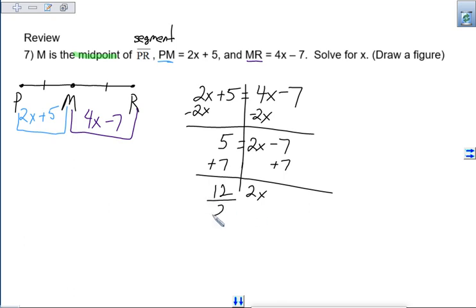Divide by 2 on both sides. So x equals 6. Again, today make sure all of your answers are positive. Make sure on the protractor you are reading the protractor correctly.